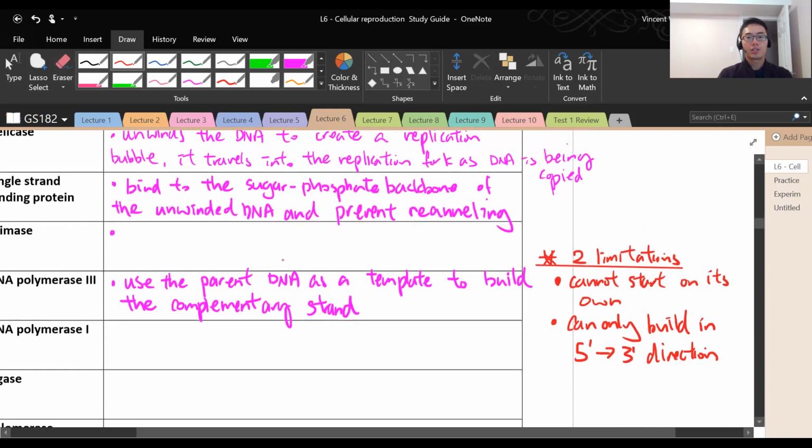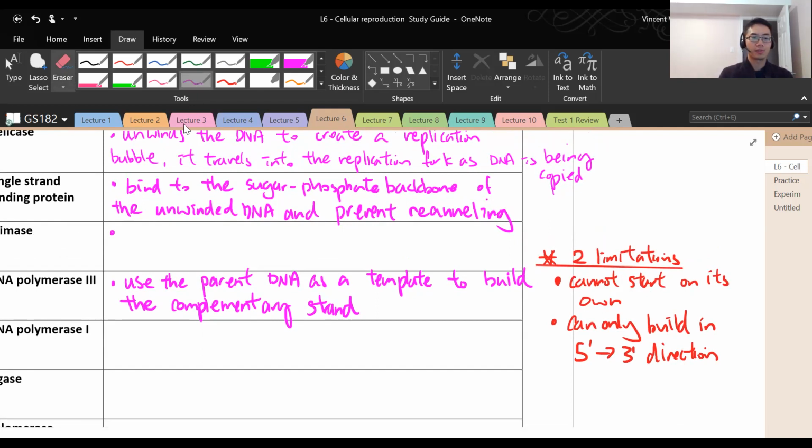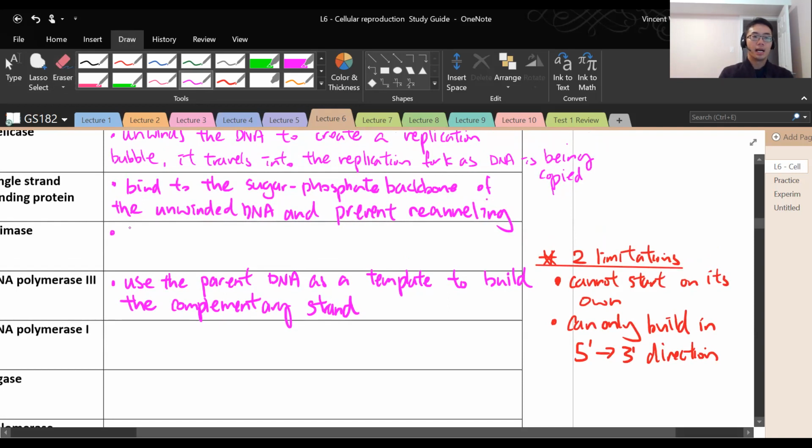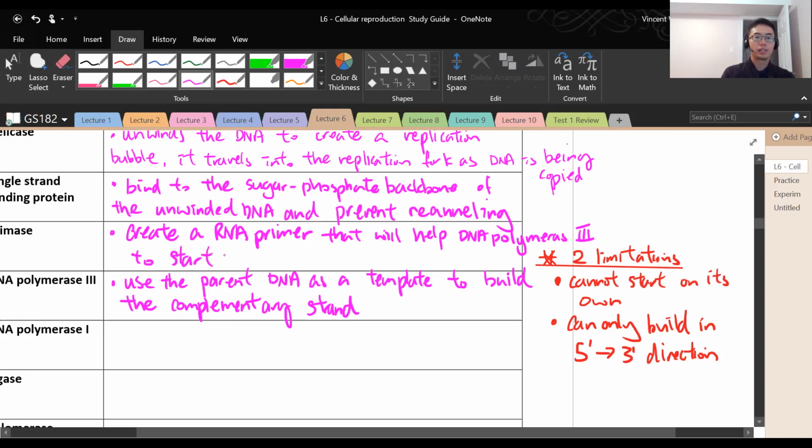So how do we solve the problem of it not knowing how to start on its own? Well, that's what the RNA primase is for. The RNA primase is an enzyme that will create an RNA primer that will help DNA polymerase 3 to start the replication process.